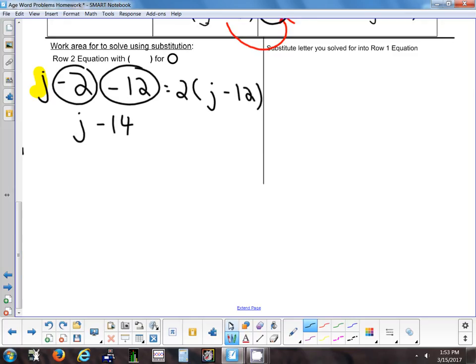Like the minus is the negative, right? Emma, what do I do now? So I combined my terms on the side. I got this. Distribute. When I distribute, what do I get? You get 2J. Good.